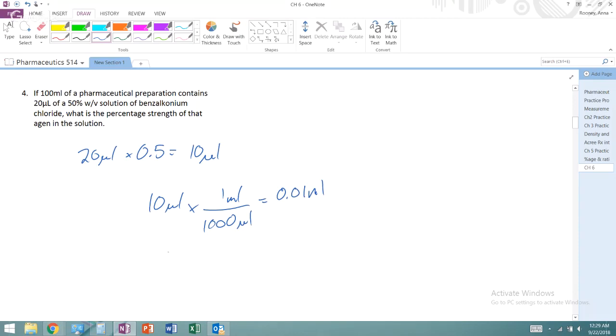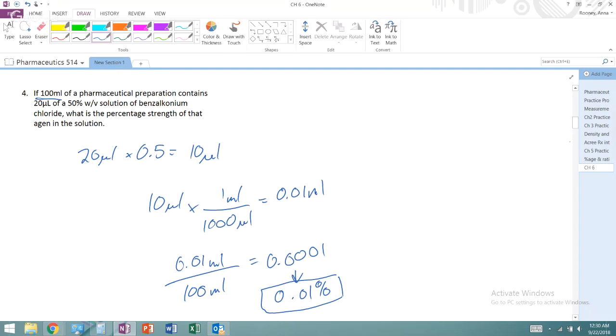And then that is 0.01 milliliters divided by 100 milliliters, because that is what our total is. And then that will equal 0.0001. And that multiplied by 100 is the percentage, and there is our answer.